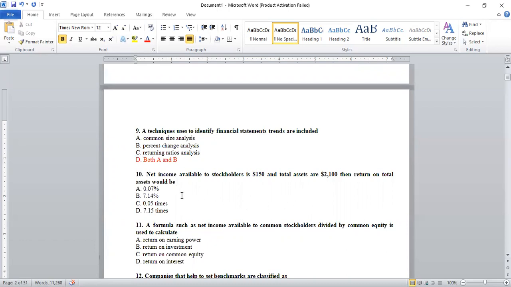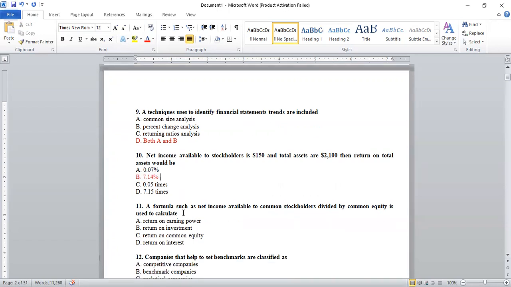Then return on total assets will be, the right answer here is B, which is obtained by taking the net income available, 150, divided by total assets, 2,100, then multiplied by 100.